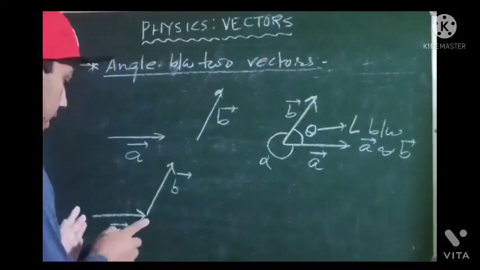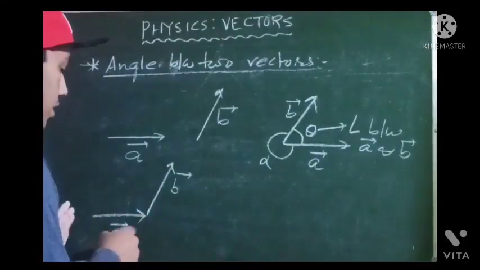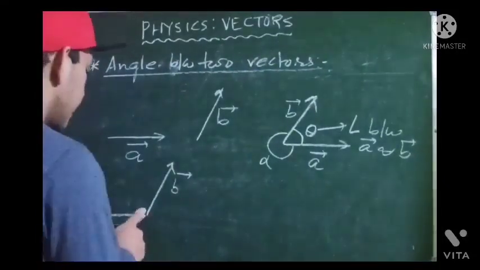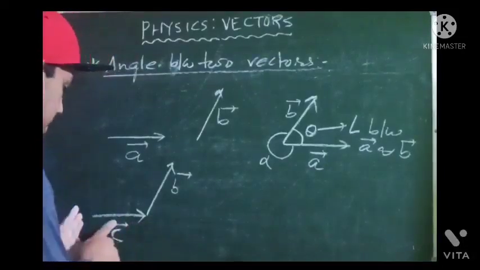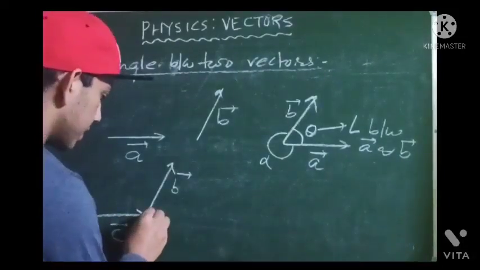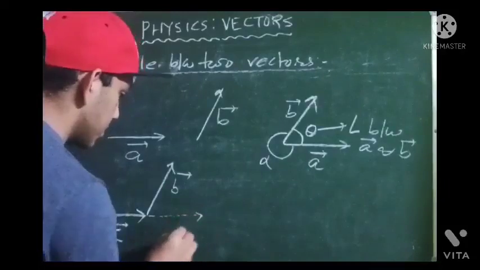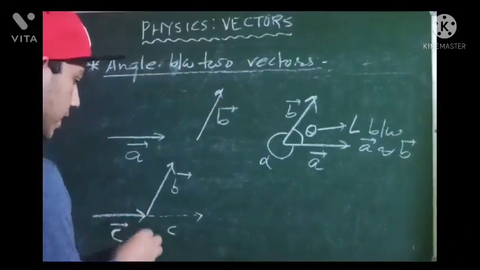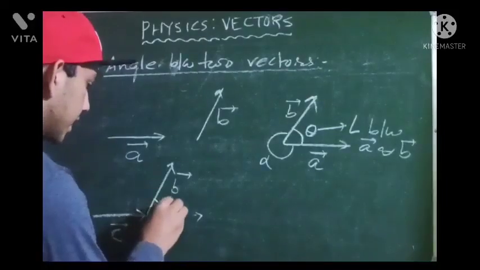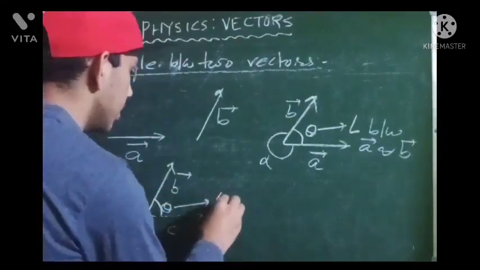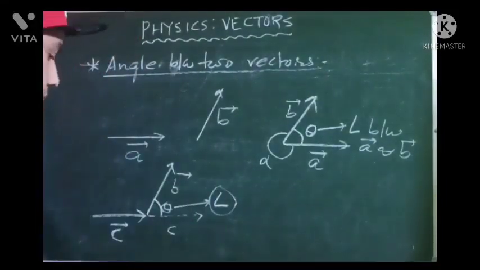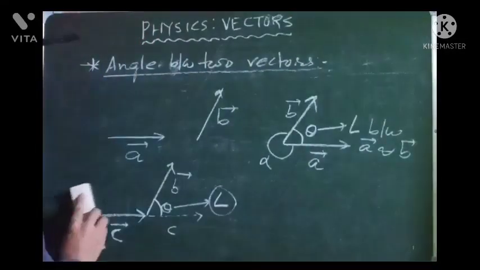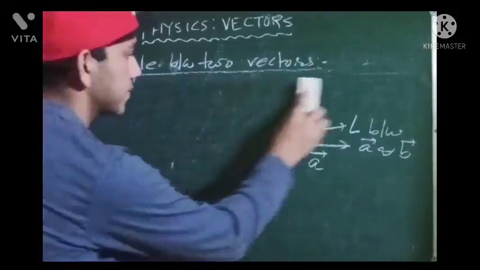So first of all, we have to move them such that the tails of both the vectors coincide. So let's move this vector parallel to itself. So this is the C vector. Now both the tails of these two vectors are coinciding. So this angle theta is known as the angle between the two vectors. This is the actual meaning of the angle between the two vectors.